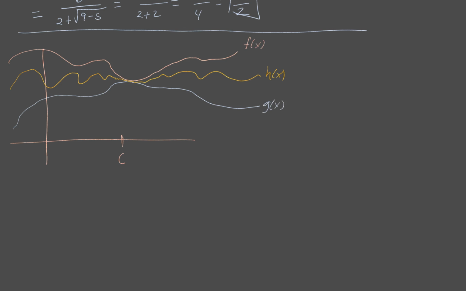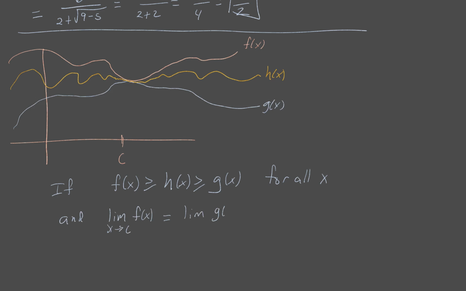So the statement is, if f of x is bigger than or equal to h of x is bigger than or equal to g of x for all x, and the limit of f of x as x gets close to c equals the limit of g of x as x gets close to c.